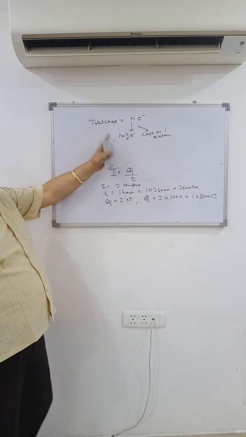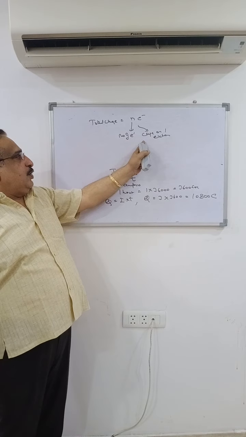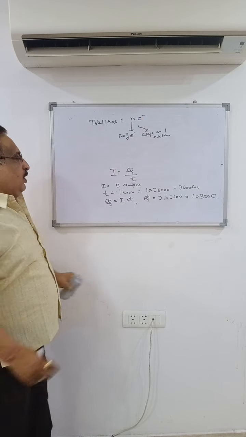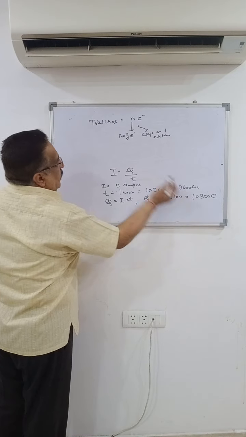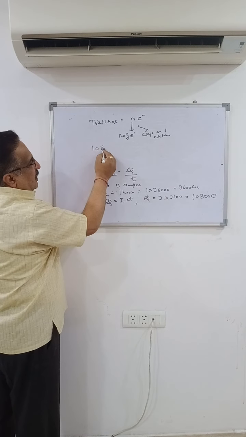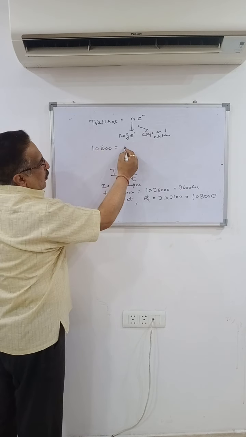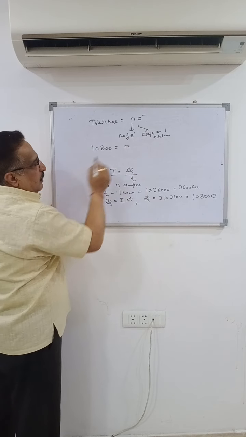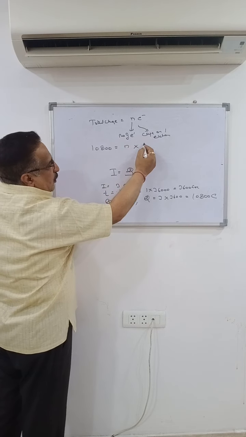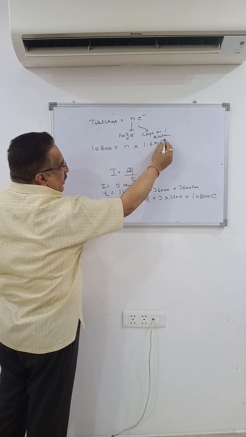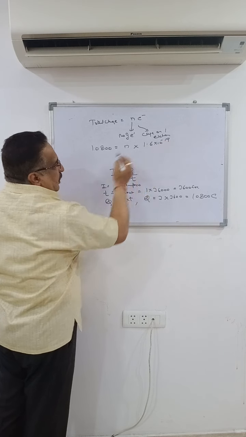N into E, number of electrons into charge on 1 electron. Putting the values here, total charge was 10,800 is equal to number of electrons into charge on 1 electron, 1.6 into 10 raised to power minus 19.